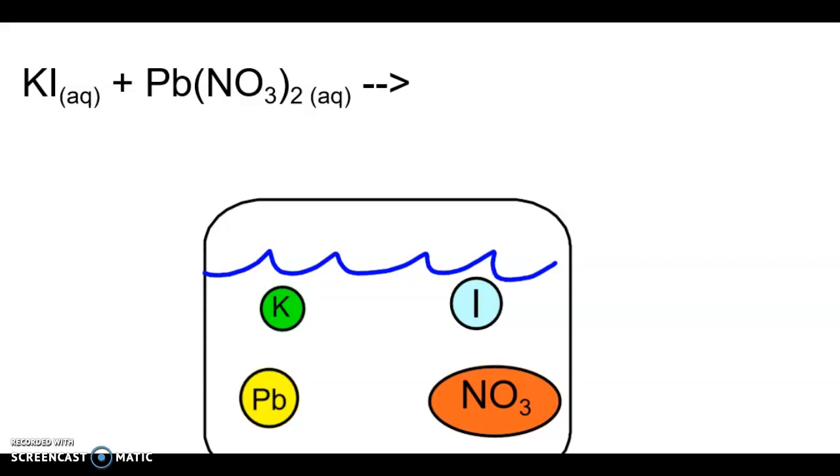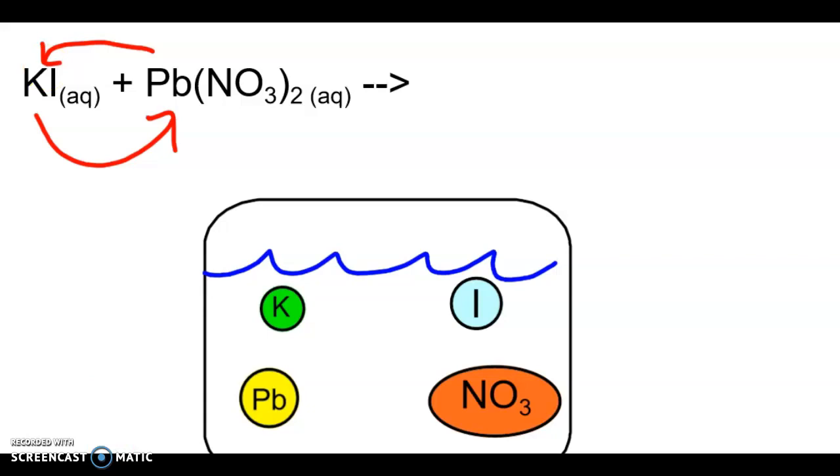Previously we talked about the AB plus CD example. So A and C would be K and Pb. Potassium will switch places with lead, and then lead will now bond with iodine, and potassium will now bond with nitrate. But before we get to that, I want to point out one thing right here.